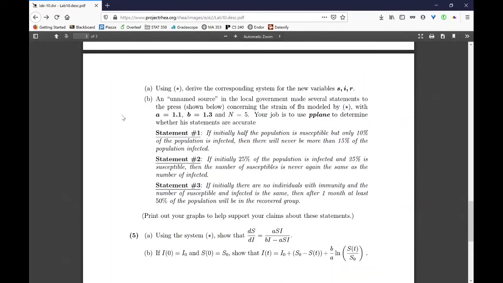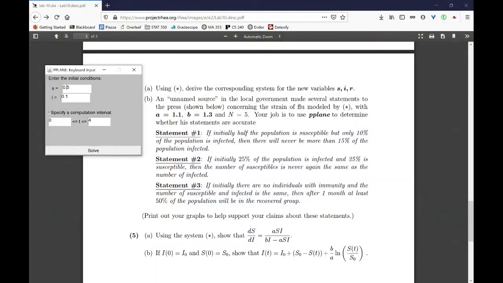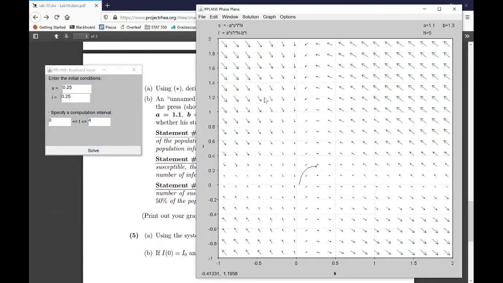Now for statement 2. If initially 25% of the population is infected and 25% is susceptible, then the number of susceptibles is never again the same as the number of infected. Similar to the previous question, we just set these initial conditions to what the claim says, 0.25, 0.25, and let's try it out.